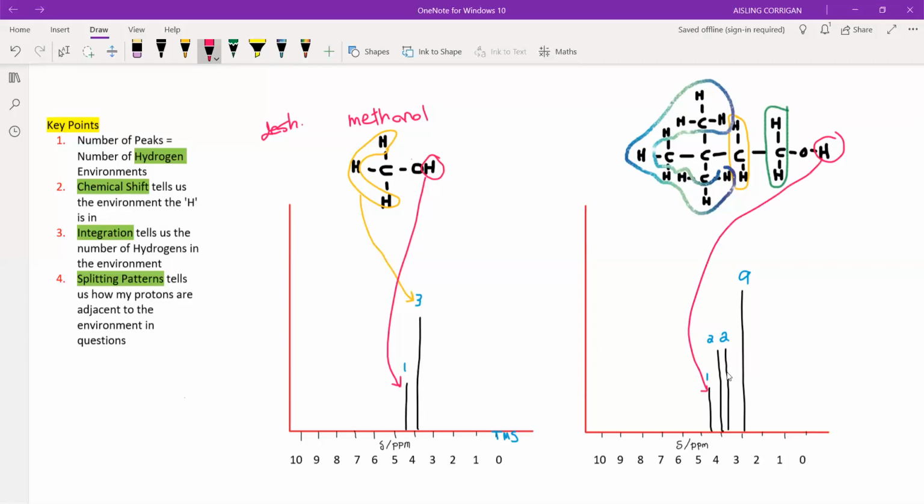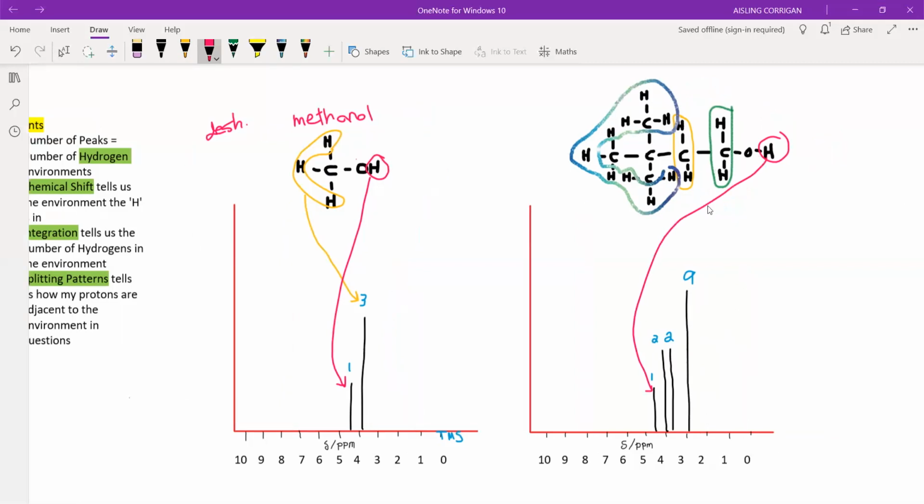Now the next one, it's telling me that there are 2 hydrogen environments that have 2 hydrogens in them. So if I look at my molecule, I know that my 2 hydrogen environments are these 2 CH2s here. They're the only ones with 2 hydrogens in their environment.